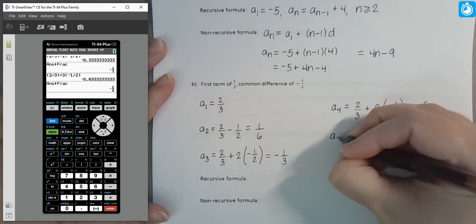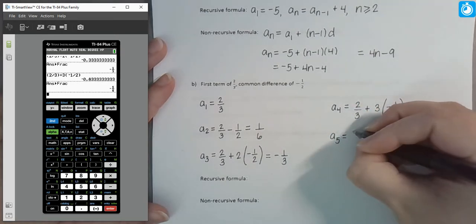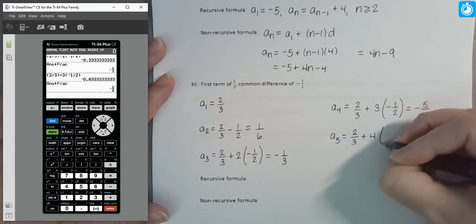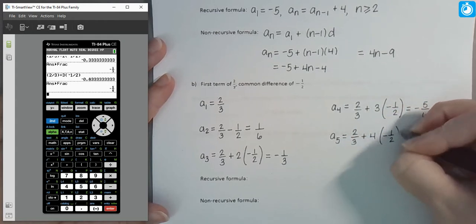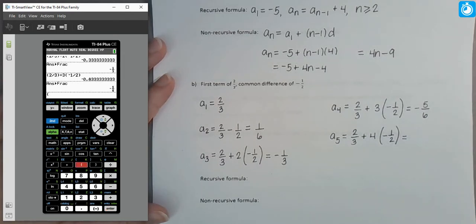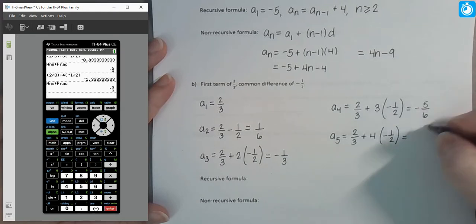And then the fifth term in the sequence is going to take our first term, and we're going to add on 4 times our common difference. Oops. Let's try that again. So 2/3 plus 4 times negative 1/2, and then convert it back to a fraction, and we get negative 4/3.